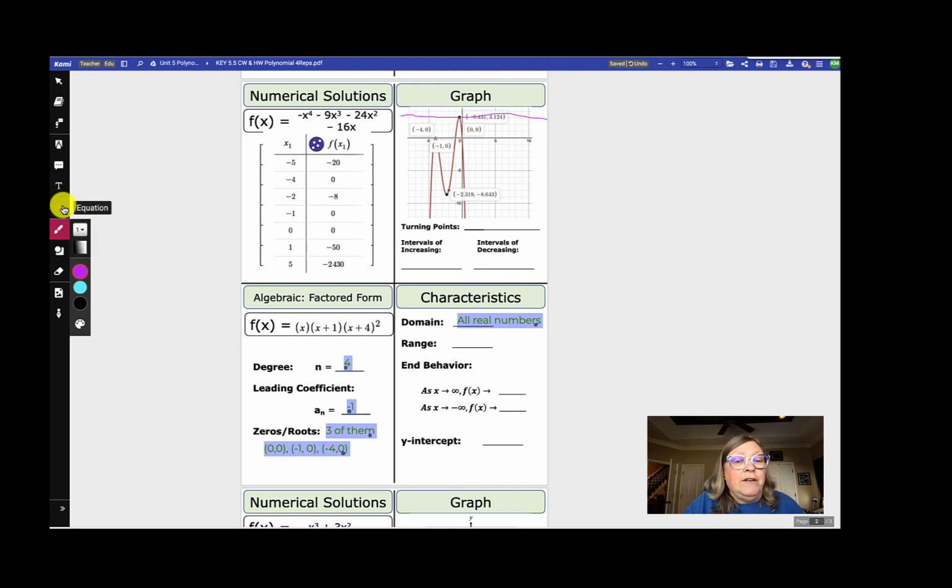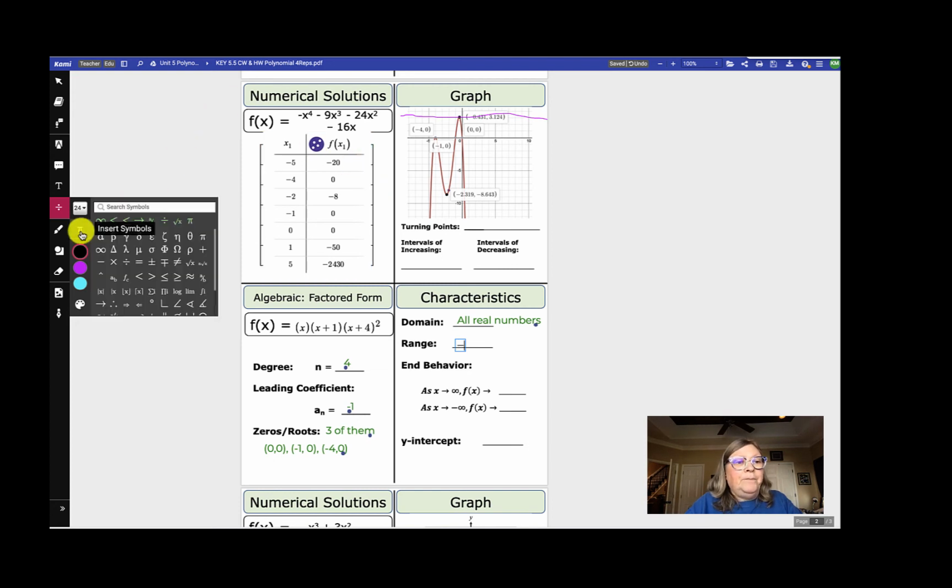And so my range goes all the way down to minus infinity, so we can start there. So y is greater than minus infinity and also less than the turning point, which is the y value at 3.124. Right, so that's our range.